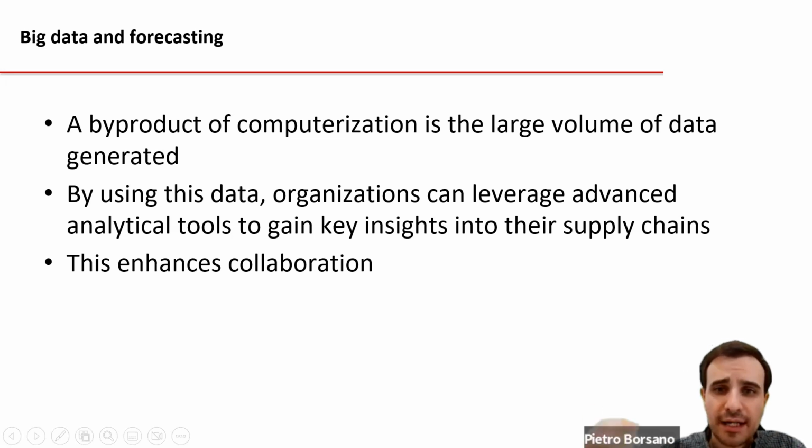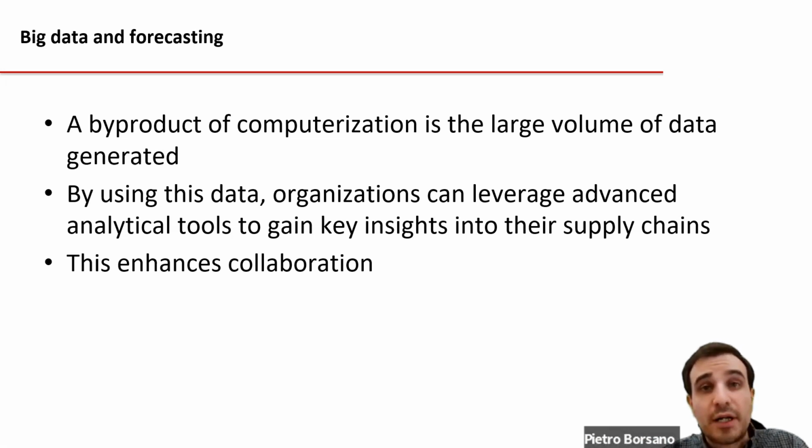By collecting all this data, companies are able not only to analyze the data, but also to increase the collaboration along the supply chain. In this way, the demand forecast will become more accurate and also, as we are going to see in a few slides, will be passed down along the supply chain so that all the players in the supply chain can take immediate action.